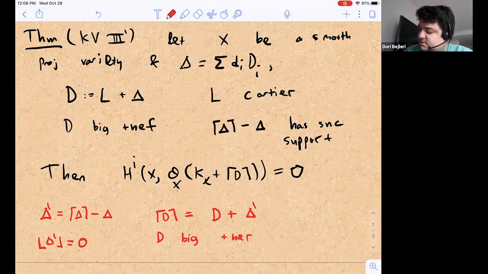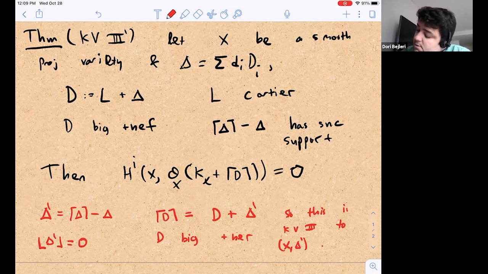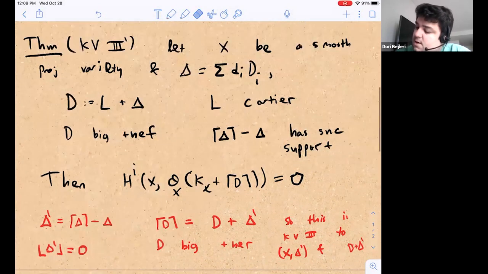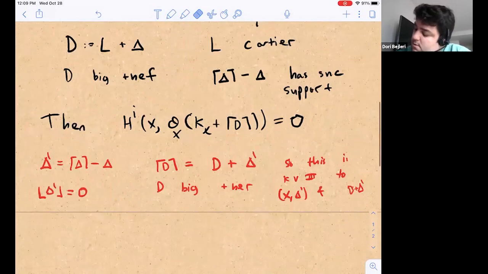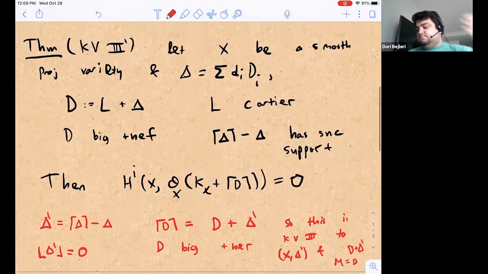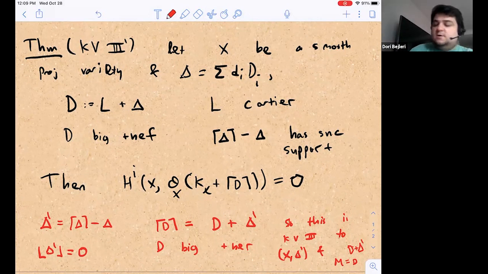So then this is really just like applying KV3 to the pair (X, delta prime) and the divisor D. Or I guess L is D plus delta prime because M, the big enough divisor, is D. But anyway, this version just comes up in a few places where it's easier to manipulate with these roundups and round downs than it is to actually write everything out in terms of different boundaries.